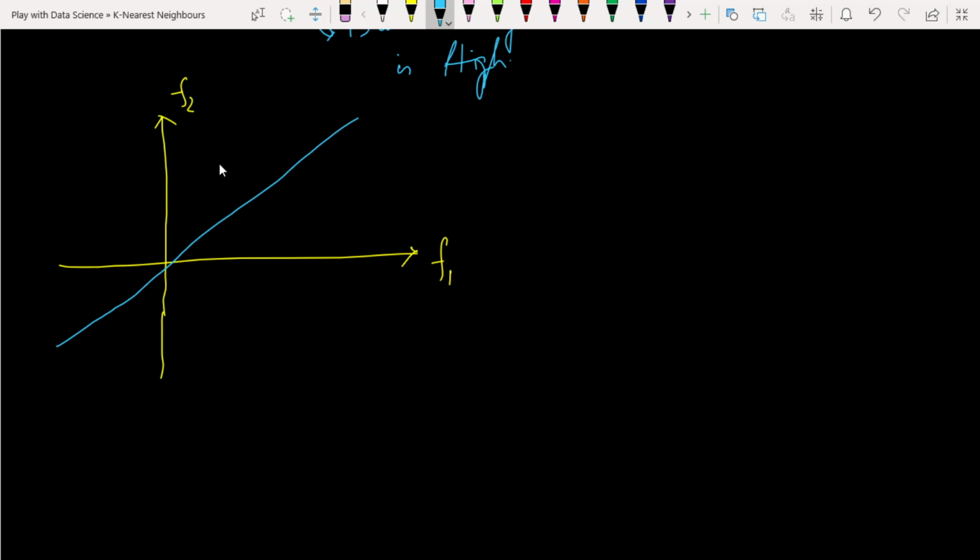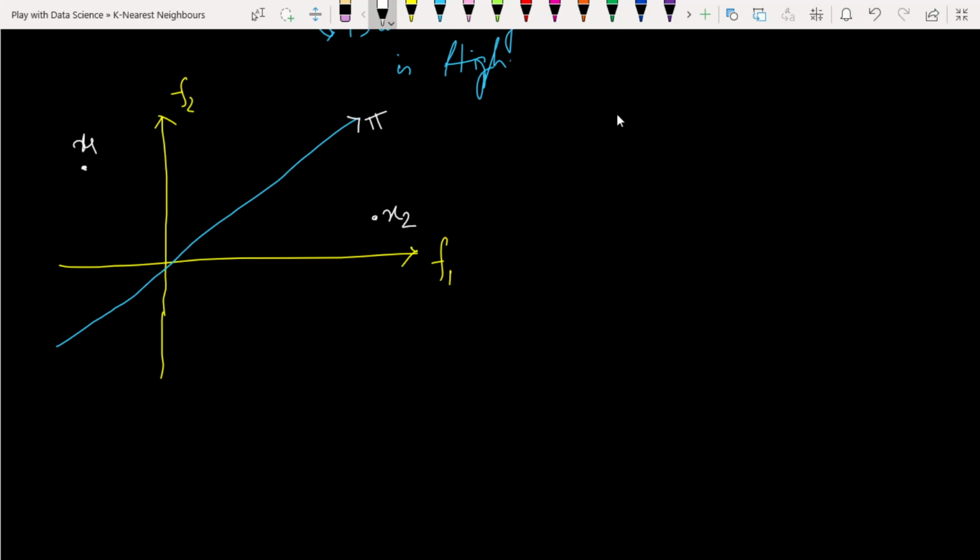Suppose one vector, x1, lies on this side and another vector, x2, lies on this side. The plane that we selected randomly is called the pi plane.